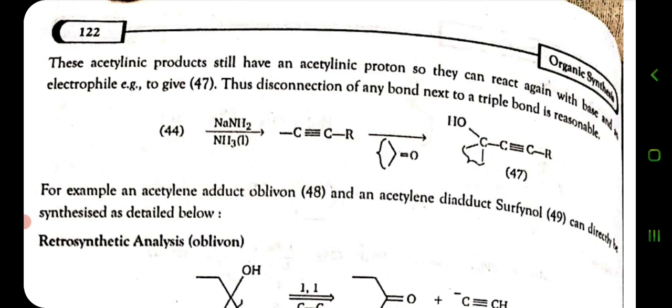In that case, we will get compound 47. Or, for example, an acetylene adduct, oblivion 48, and an acetylene diadduct, sulfinol 49, can directly be synthesized as detailed below.